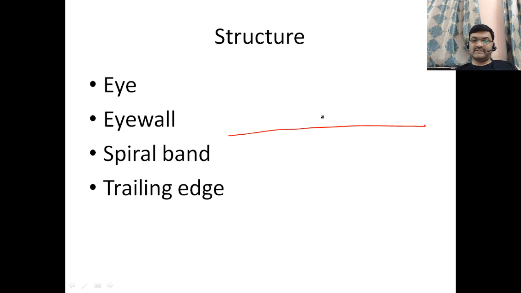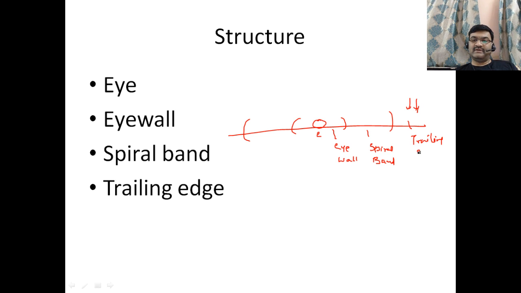So if this is a cyclone, it has the eye, then outside this there will be the eye wall, then around this will be the spiral band, and the last, where there is air descending, is known as the trailing edge. The same will be there on the other side again.